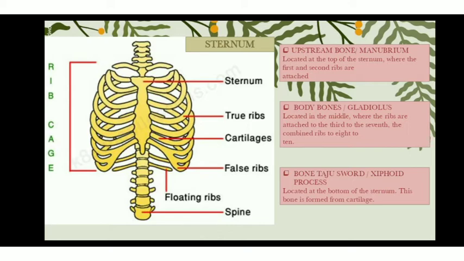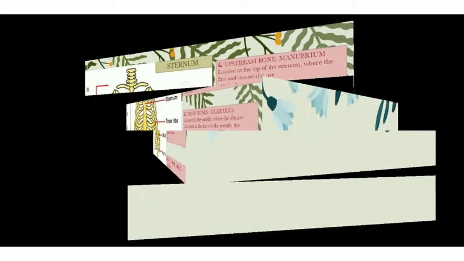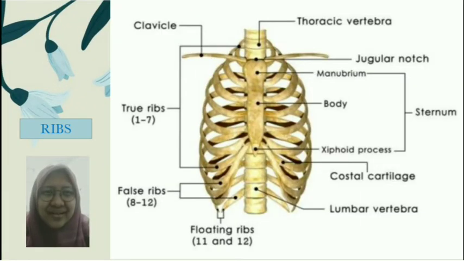Xiphoid process, located at the bottom of the sternum, is a bone formed from cartilage. This is the ribs image. The ribs function to protect vital organs in the chest area such as the heart, lungs, and liver.